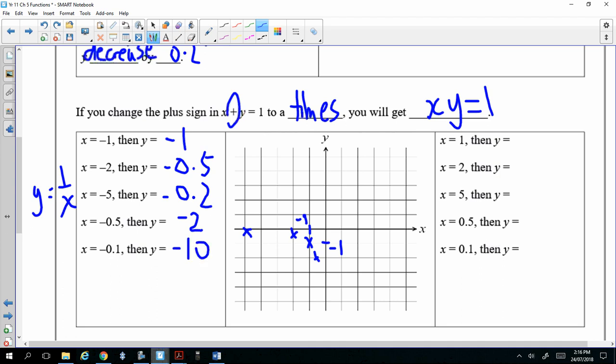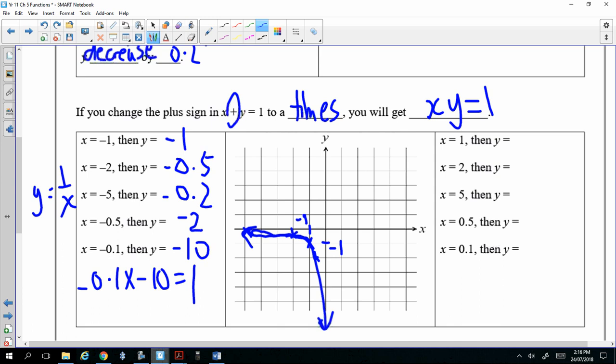They're very high. Okay, so if you plot the points, you get this shape. Because -0.1 times -10 is 1. Very low, very low. Yeah, you can't see it on the graph.